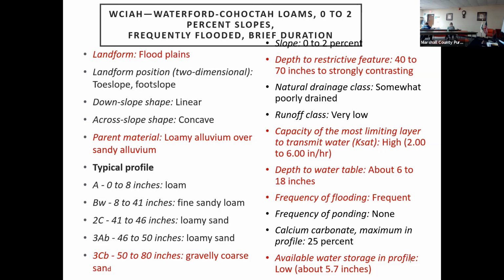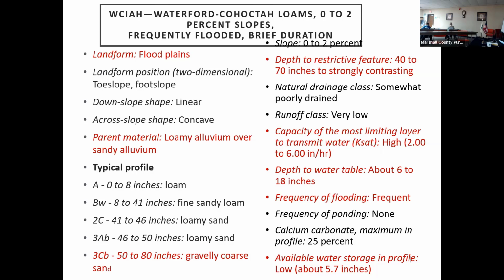So if this would not have been in a floodplain, this could have been a productive soil with the textures that make up the soil and the structures that would be in the soil if it was at a higher elevation. So depth of the restrictive feature is 40 to 70 inches. But it has decent drainage, 2 to 6 inches per hour.